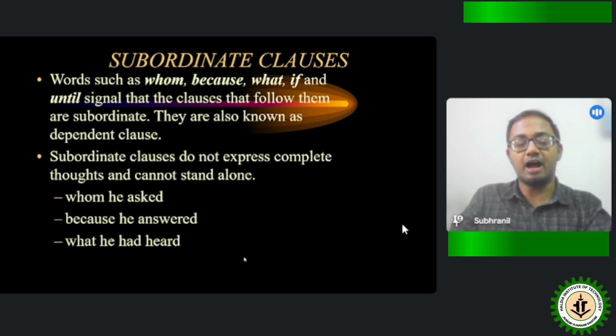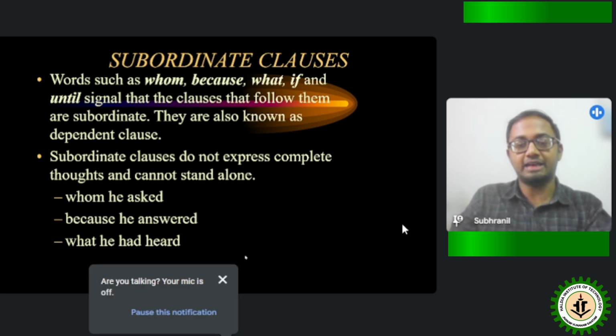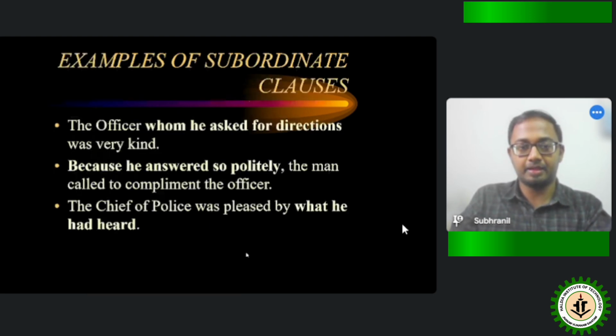Next, because he answered. Now, what was the reason? What was the cause? He answered what he had heard. All these do not express complete thoughts and cannot stand alone as well.